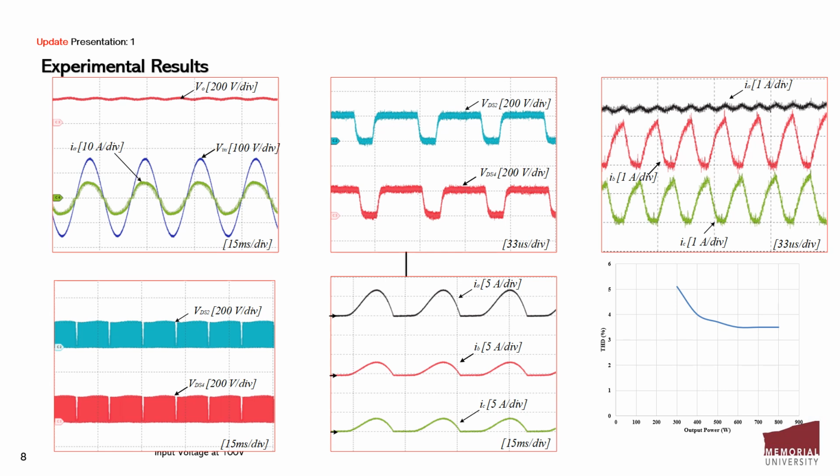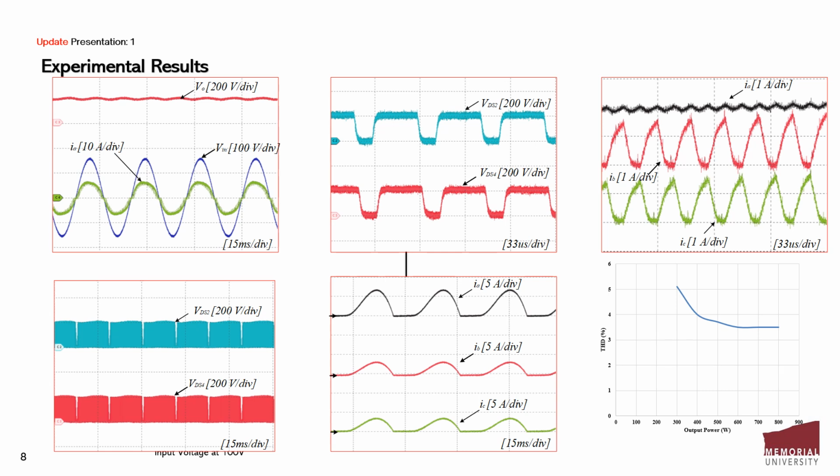The figure down on my far right is the THD. We did the total harmonic distortion graph, and we varied the input voltage and the output power to measure how distorted the input current waveform is, and this is the result that we had.